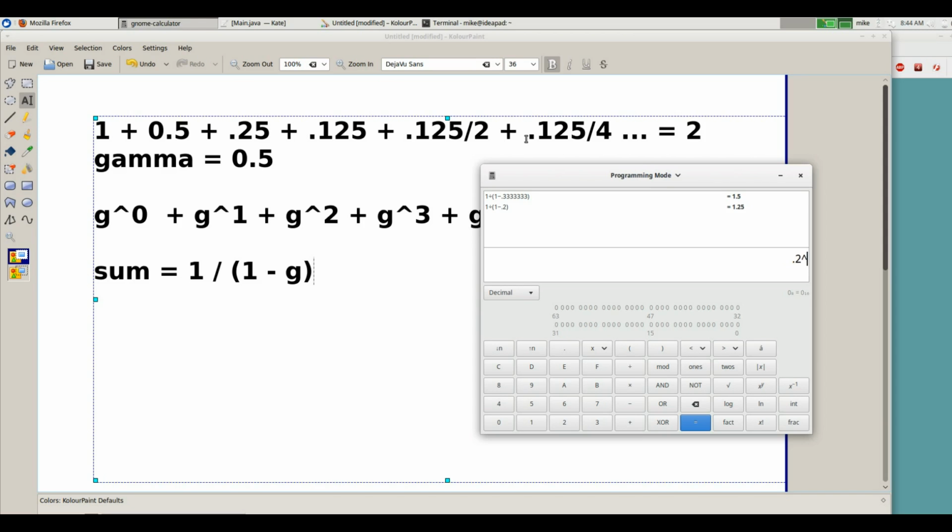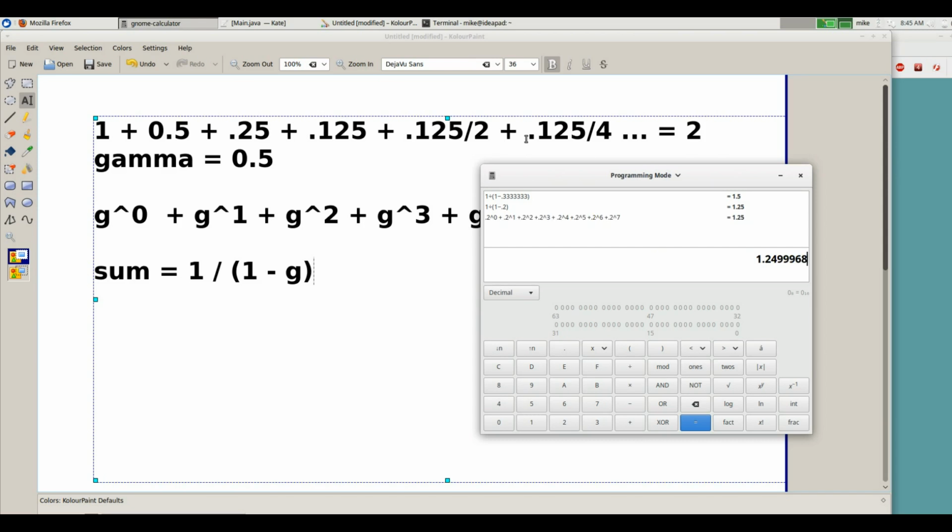So what if I take 0.2 to the 0 plus 0.2 to the 1 plus 0.2 to the 2 plus 0.2 to the 3 plus 0.2 to the 4 plus 0.2 to the 5 plus 0.2 to the 6 plus 0.2 to the 7. Is that good enough? I think 7 is pretty close to infinity, don't you think? We're only infinity minus 7 away.